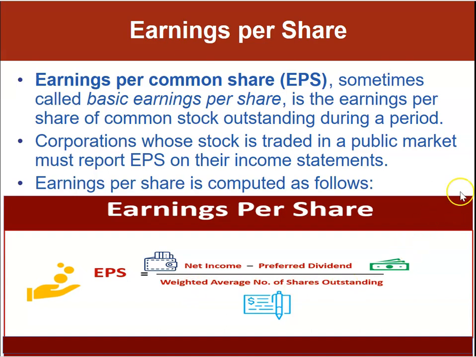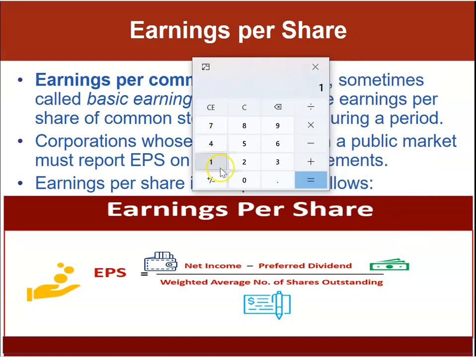So if we say that we have $1 million in net income, but then we subtract from that preferred dividends of, say, $80,000, that leaves us with $920,000. Then let's say that we have a weighted average throughout the year of common stock of 460,000 shares. We end up with an earnings per share for common stock of $2 per share.